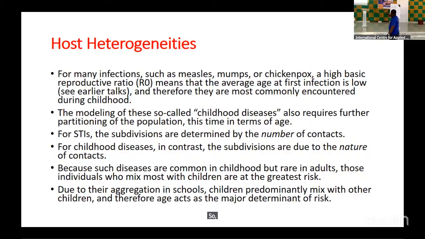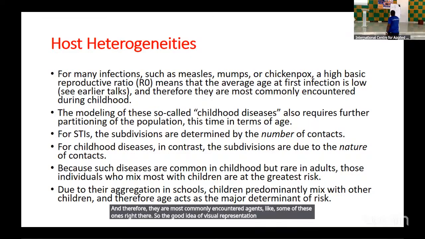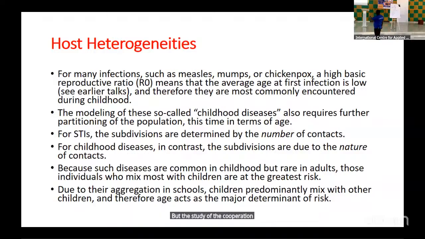Therefore, these are most commonly encountered only in childhood. The modeling of these childhood diseases also requires further partitioning of the population, this time in terms of age. Some people doing this are not just saying, okay, SIR, no. Look further.